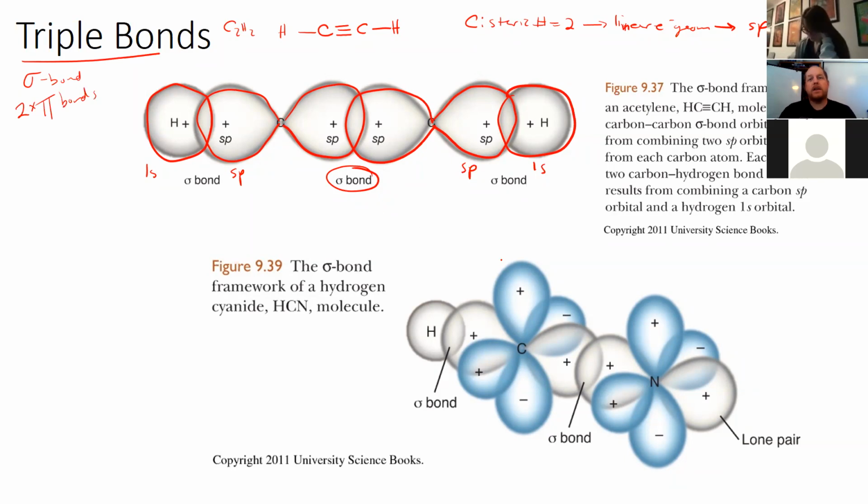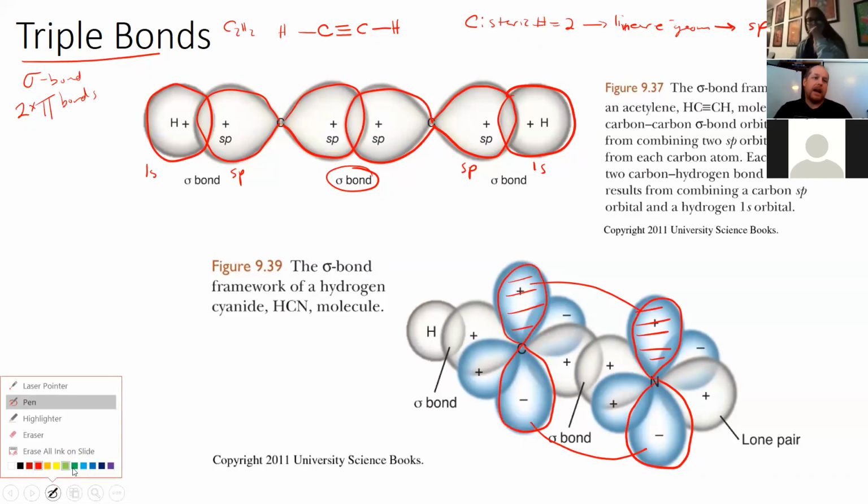The reason you can get 2 pi bonds is you have 2 p orbitals on each of those atoms. So if one of my p orbitals on this carbon looks like that, and the one that's oriented in the same way, in this case, this is a different molecule, this is HCN, but it's the neighboring atom. If those are oriented in the same way and in the same phase, then I can get overlap between these 2 p orbitals, 1 p orbital from each atom.